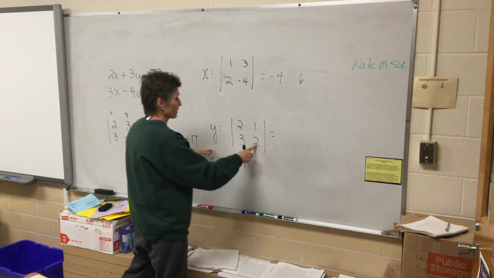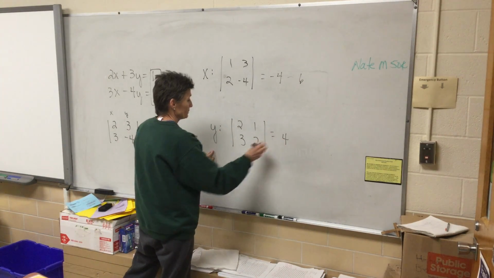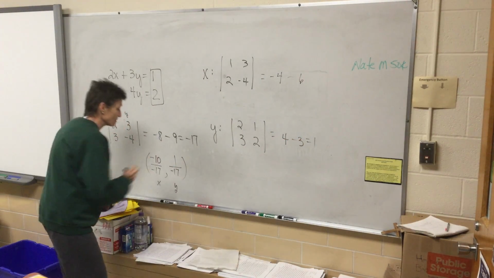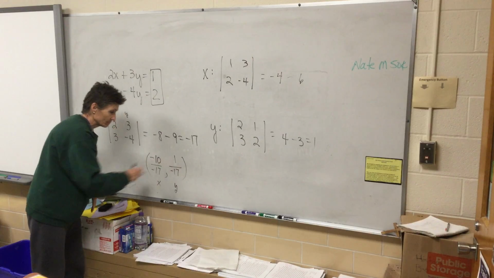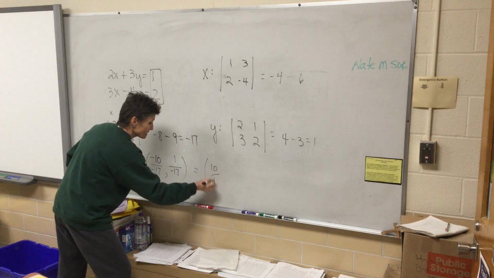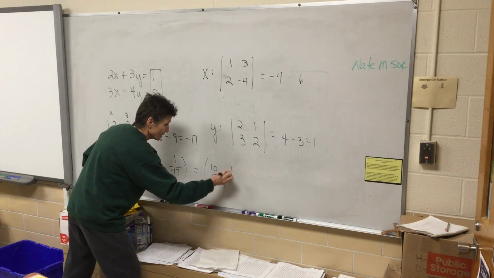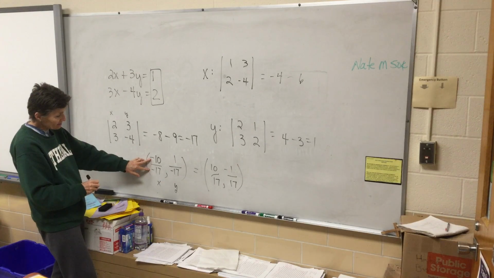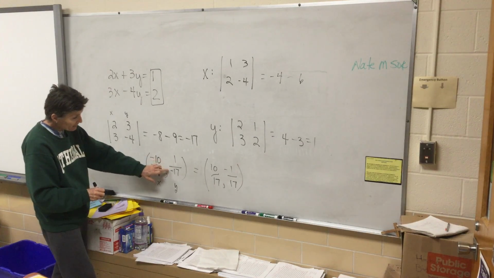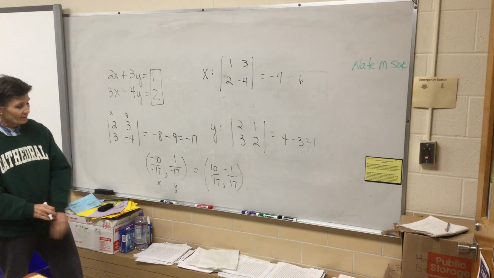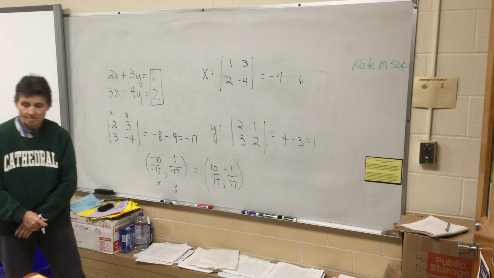This one, 2 times 2 minus 3 times 1, that's just 1. That's my y numerator. So my final answer is 10/17, negative 1/17. The negatives cancel on the x, and you can put that negative in the top or the bottom on the y, it doesn't matter. That's the answer to the question.